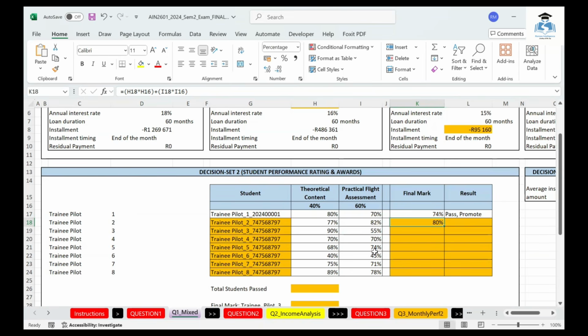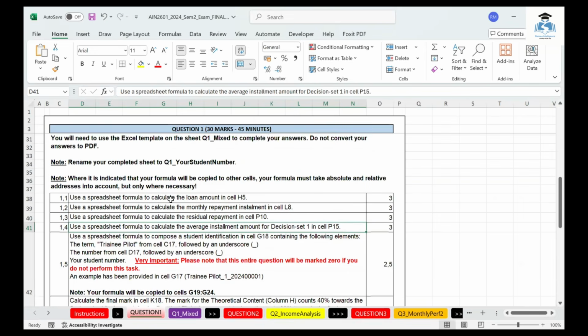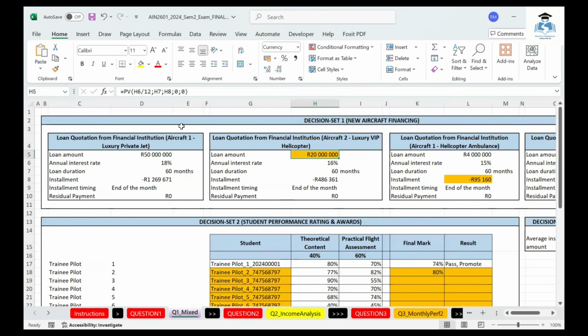Okay, so what we are doing is following the instructions that we are given here. When we were calculating the loan, this was PV. So our formula to calculate the PV starts with an equal sign. Each time you are writing a formula in Excel, you start with an equal sign. So our PV is the formula to find the loan that they require.